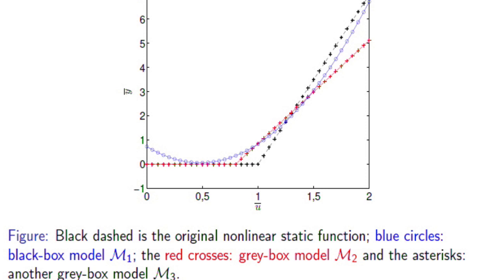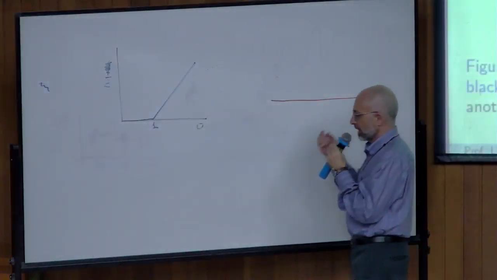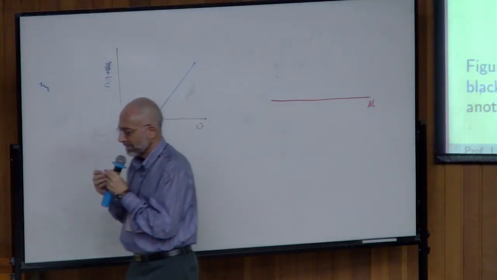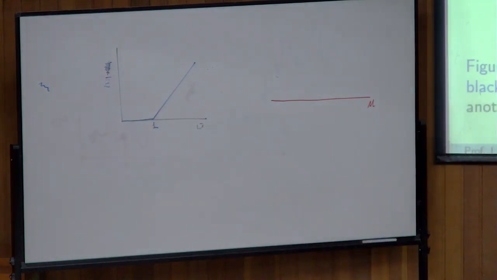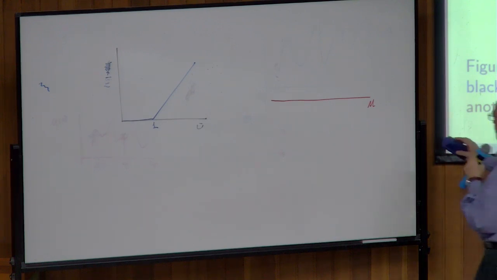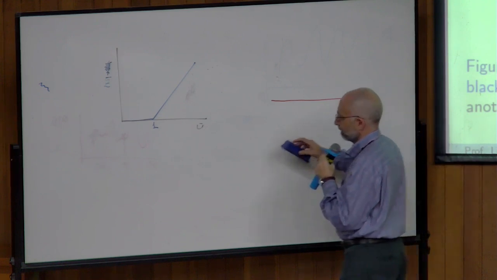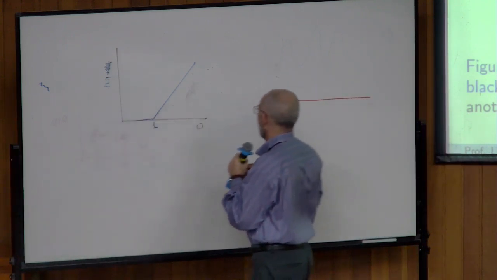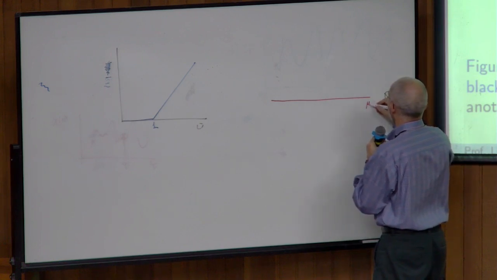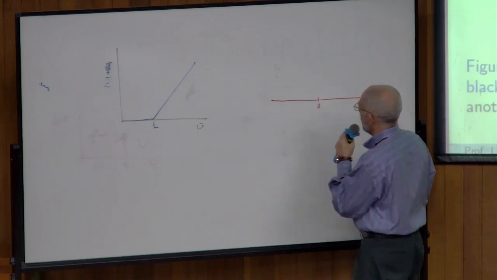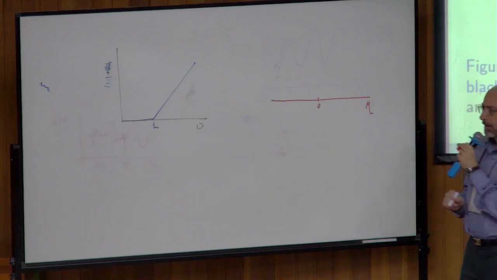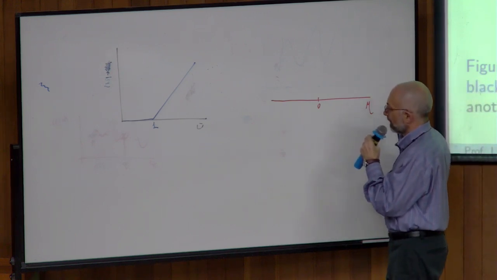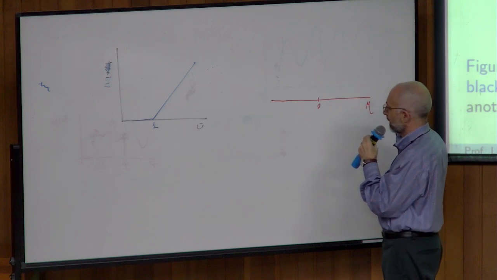Suppose this is the bifurcation parameter, mu, and I want the bifurcation at 0. So this bifurcation is a fixed point bifurcation.